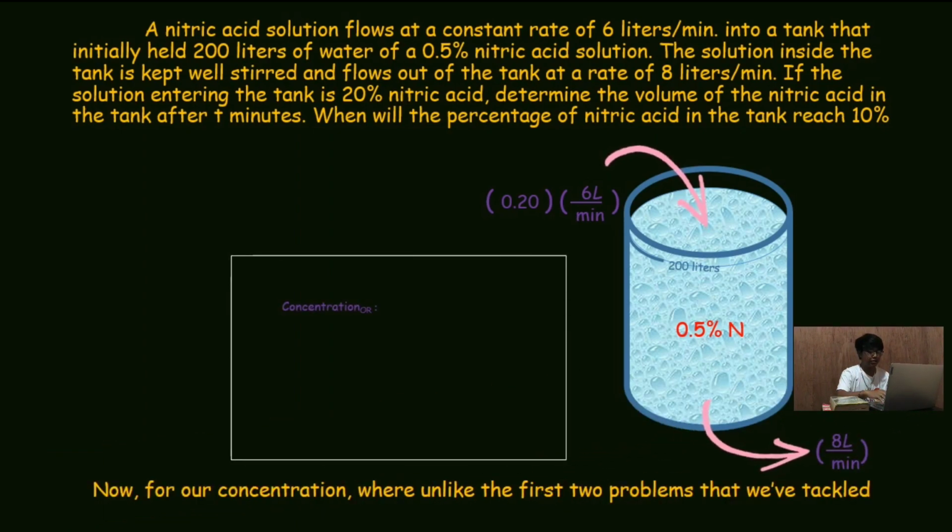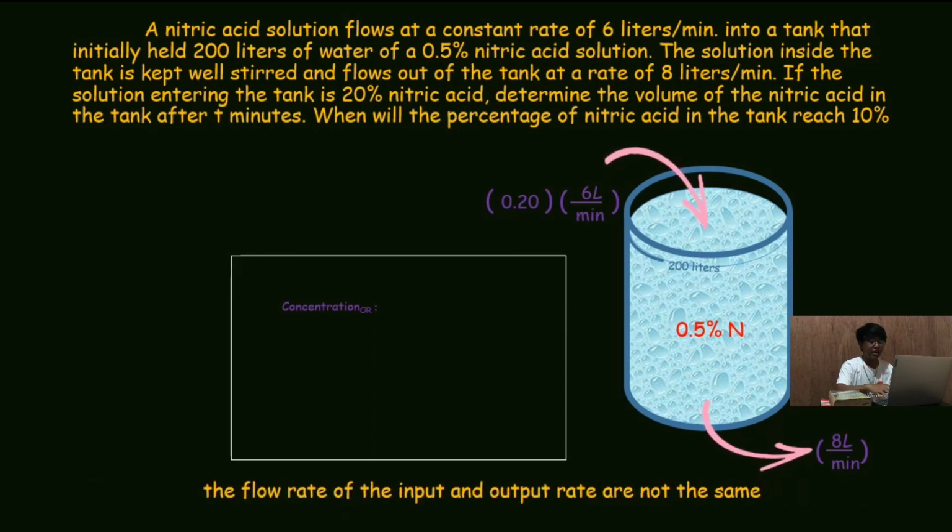Now for our concentration, unlike the first two problems that we tackled, the flow rates of the input and output are not the same. So the volume of the solution inside the container is also changing. Since the amount of solution that flows out is greater than the amount that flows in, the amount of solution inside the container will continue to decrease.